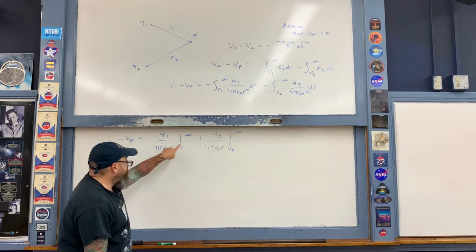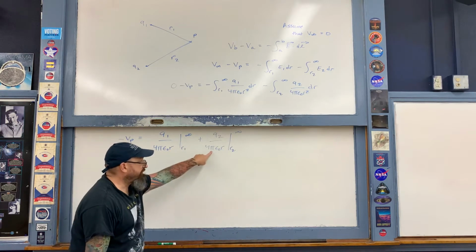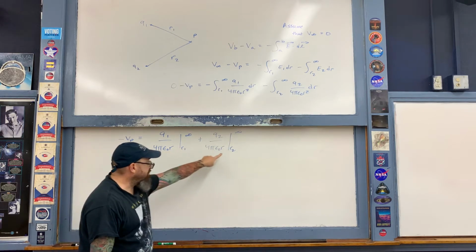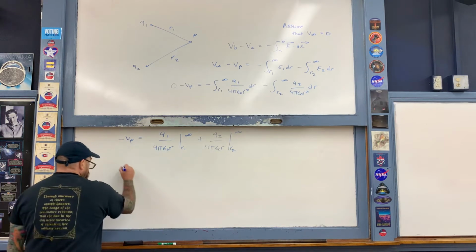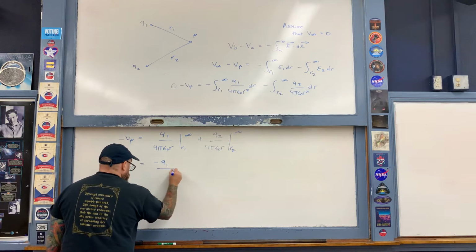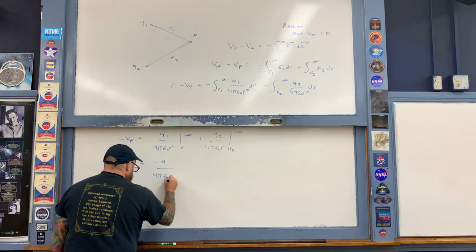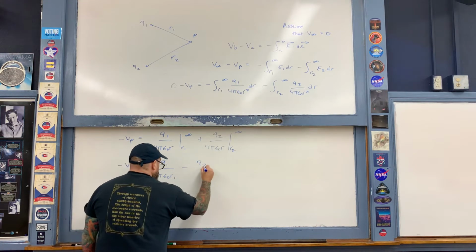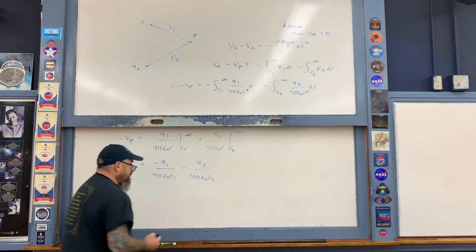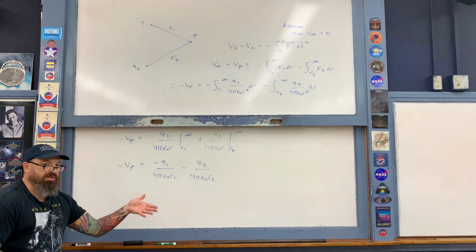Okay, plug infinity into each calculation first, you get 0, minus then what happens when R1 is plugged in and R2 is plugged in. So ultimately then the right-hand side of the expression ends up being the following, like so. And now the negative signs cancel.